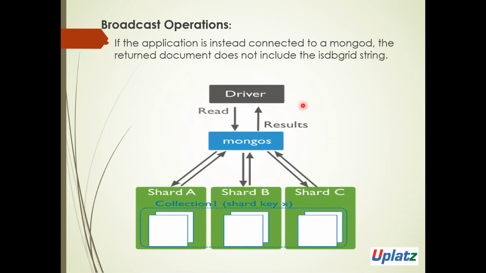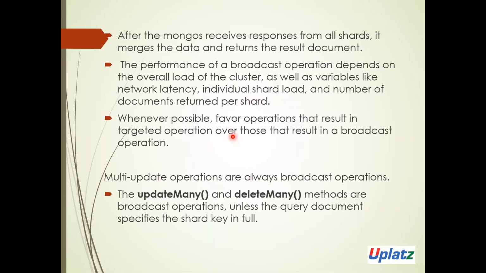After it receives the response from all the shards, it will merge all the data and return the results. That is why the broadcast operation always depends on the overload of the clusters, as well as the variables and the number of documents.